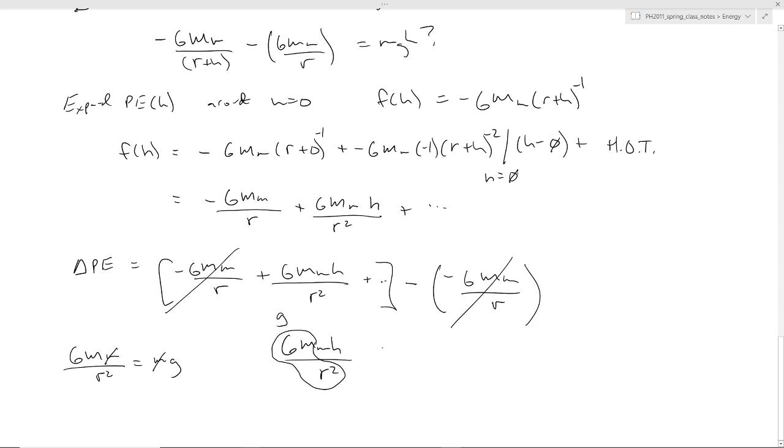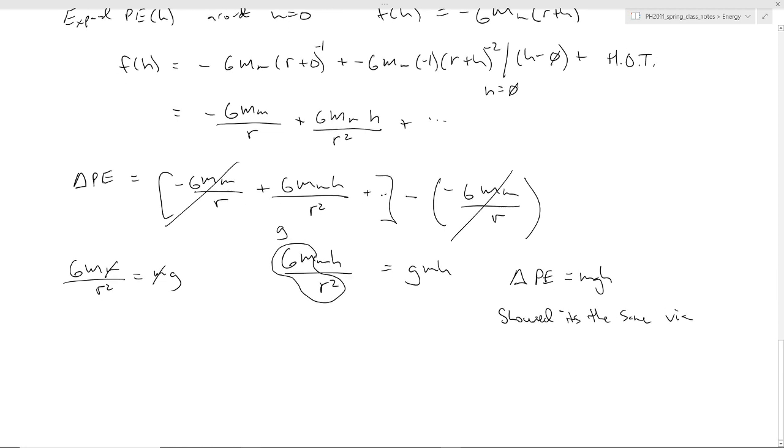So we've recovered this is mgh. The change in potential energy is equal to mgh. So we've shown that this is the same thing via Taylor series expansion.